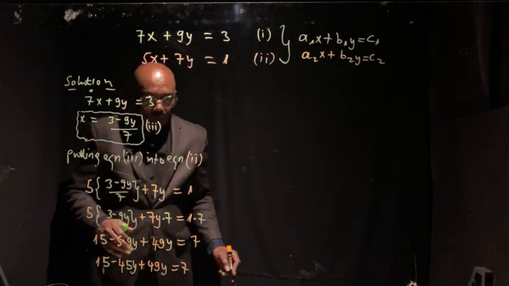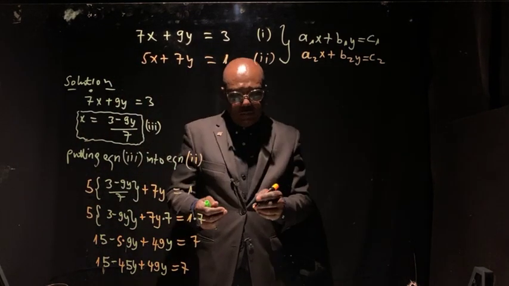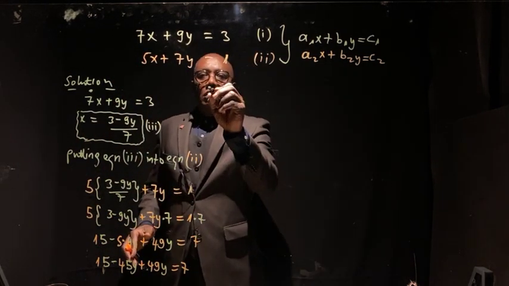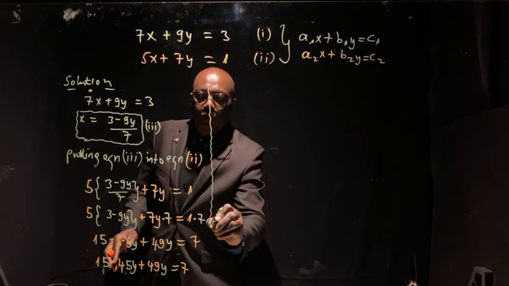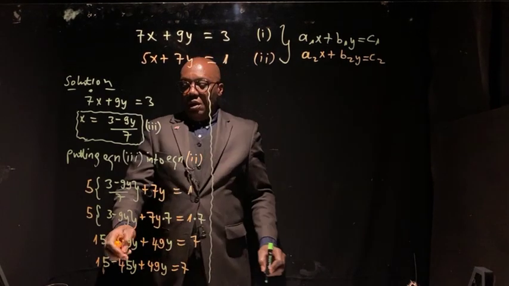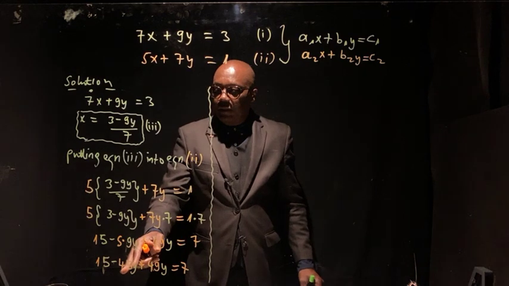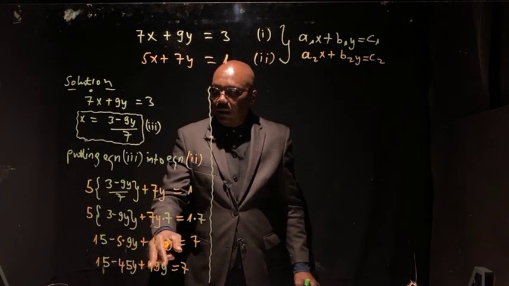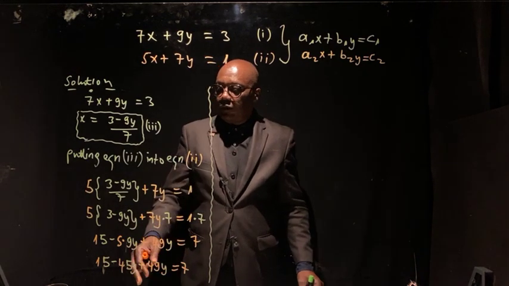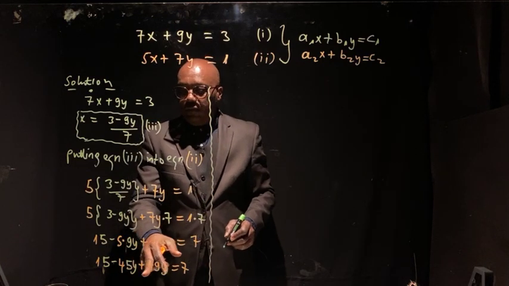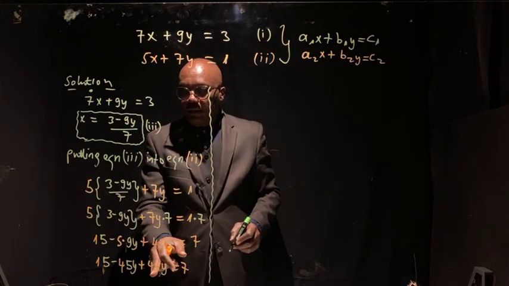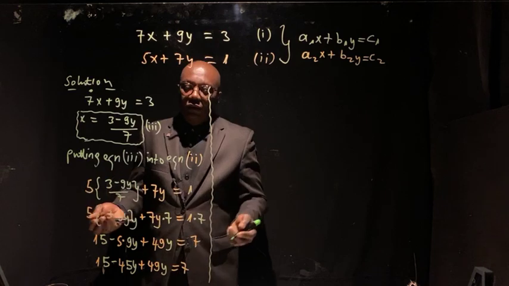Now, we'll move on to the next section of the board. So here we continue as we are going to collect the like terms together. So we will leave the y terms at the left hand side, whichever way.